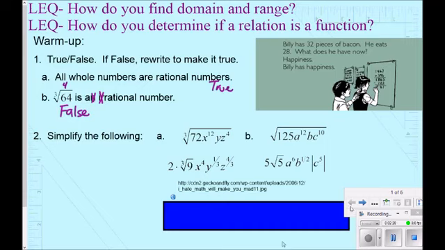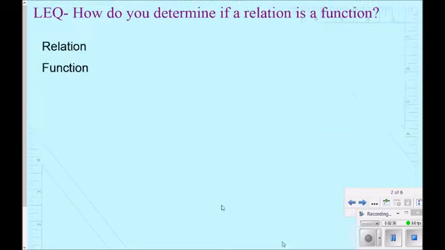Okay. Next, after the warm-up, we started on our lesson for the day, which is mostly review from Algebra 1. You learned the terms relation and function before. So a relation is a set of points.